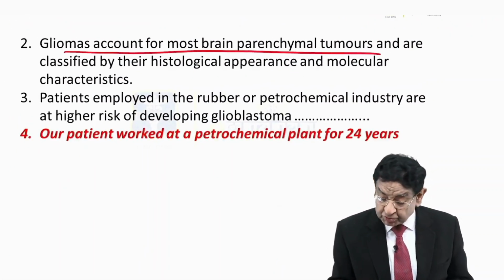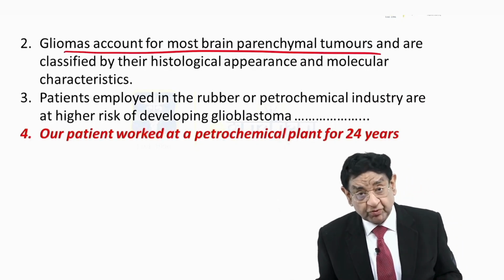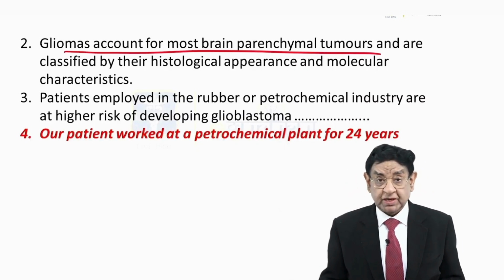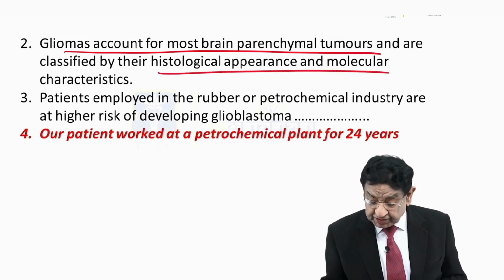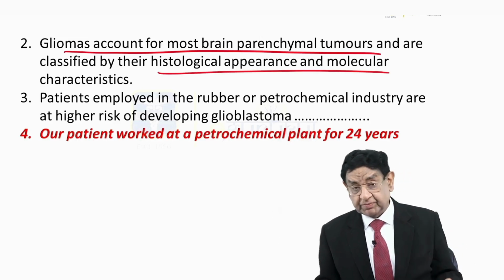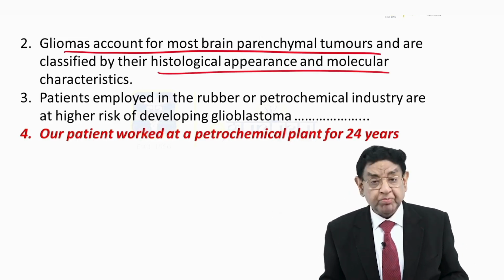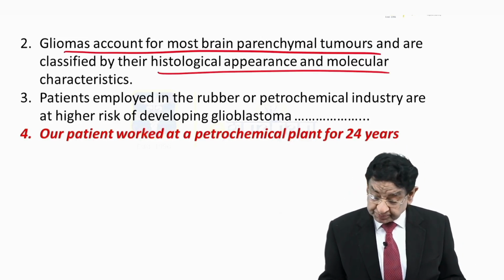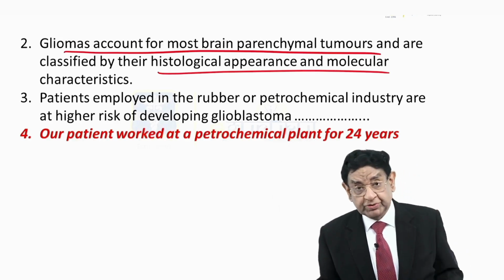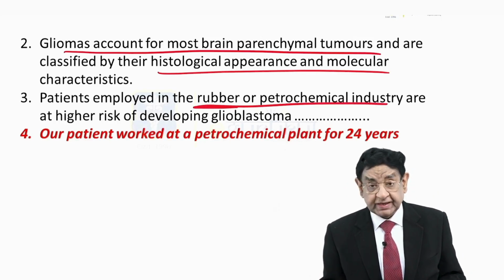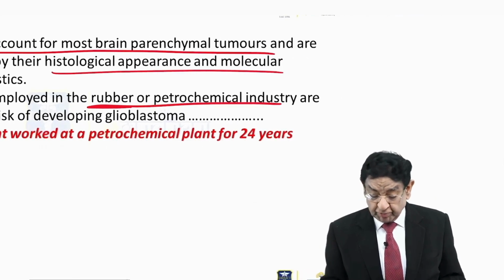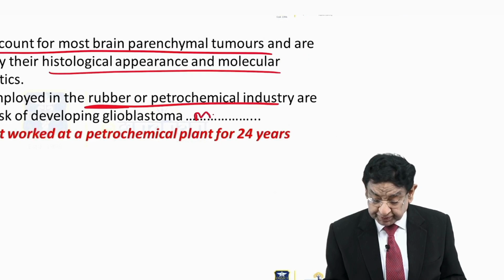Gliomas account for most parenchymal tumors, as we know very well. The gliomas, so-called astrocytomas, are the most common tumors in the brain. They are classified on the basis of histological findings and molecular characteristics. As I told you in the very beginning, these tumors are very common in those who work in the rubber industry or petrochemical industries, and they are especially more prone to develop glioblastoma multiforme.